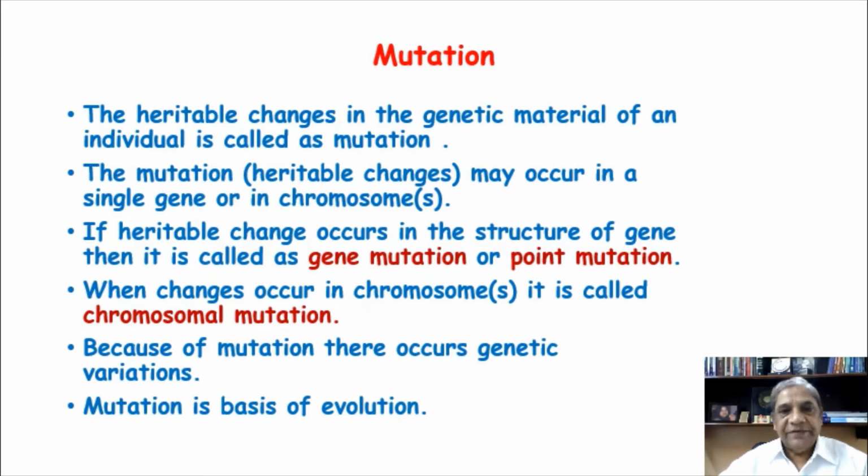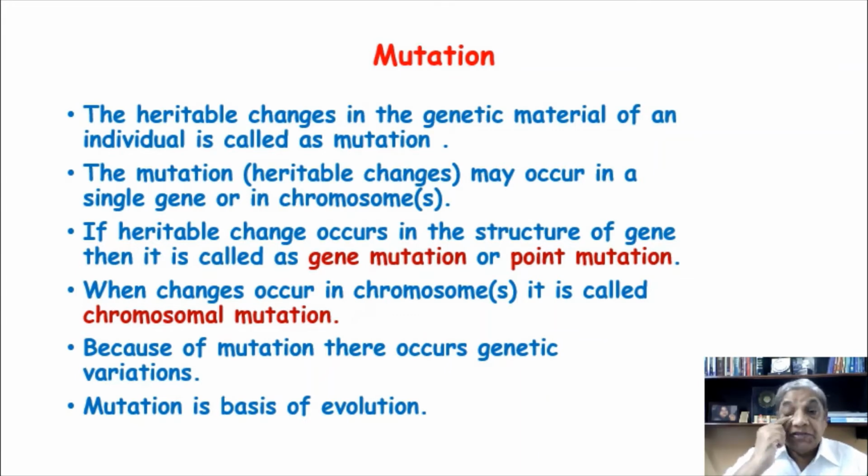Once again I will repeat, heritable changes in the genetic material of an individual are called mutation. These heritable changes may occur in a single gene or in a chromosome. And what is a gene?